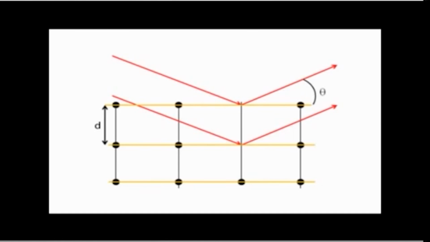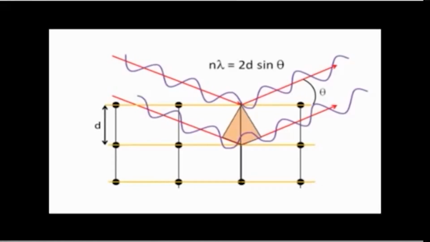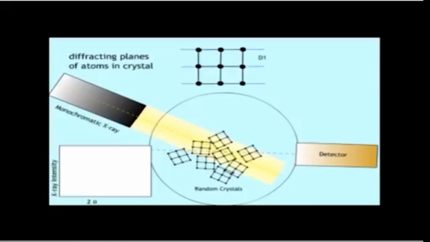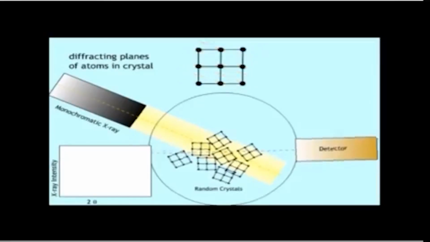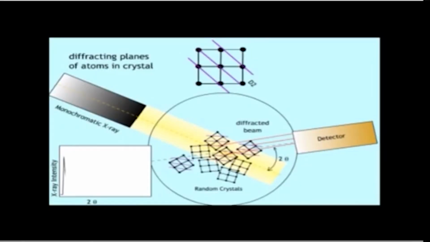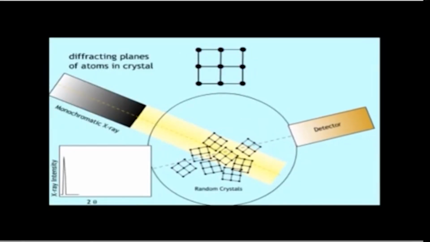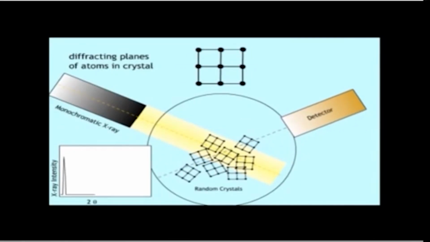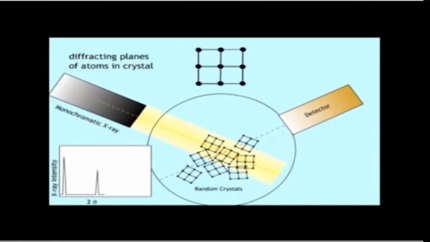This monochromatic X-ray is coming to the sample, and from the sample it is going to the detector. There is a certain ratio of the angle which is important in order to detect the crystal lattice planes.